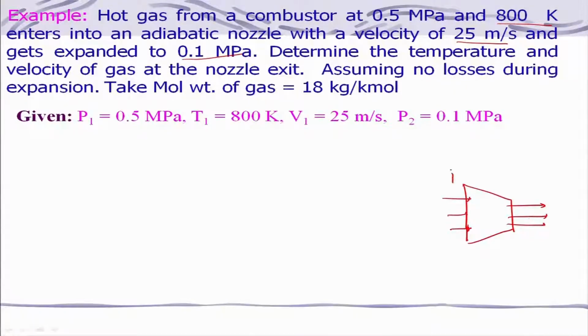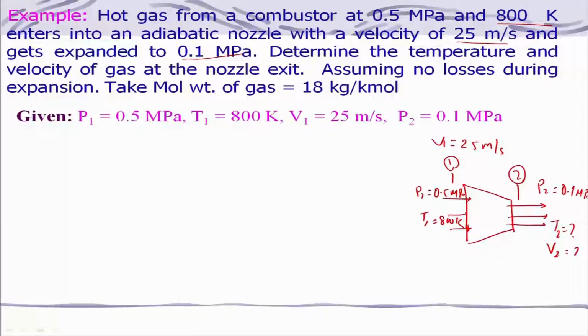At station 1, V1 is 25 meter per second, P1 is 0.5 megapascal and T1 is 800 Kelvin. At station 2, P2 is 0.1 megapascal, and I need to find T2 and V2. So, this has to be found out.